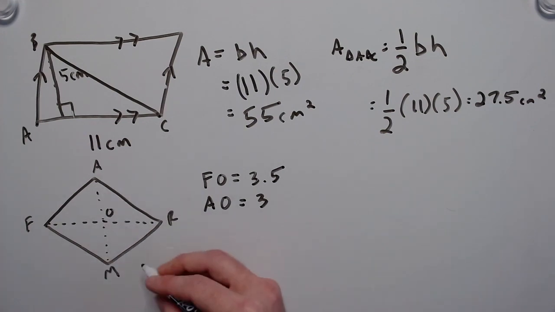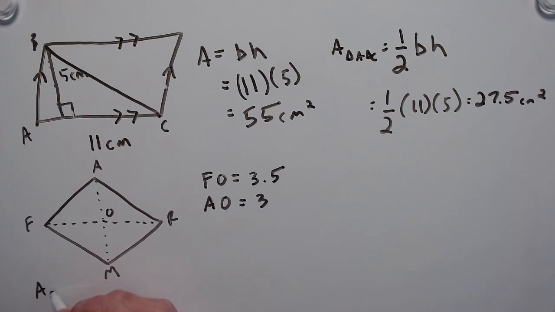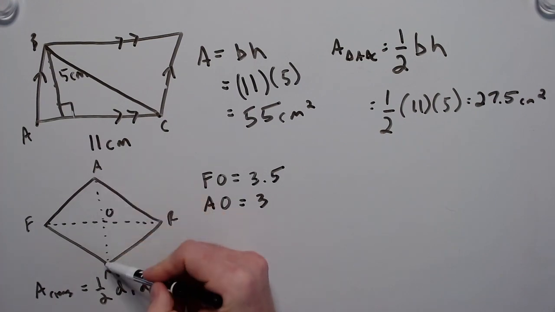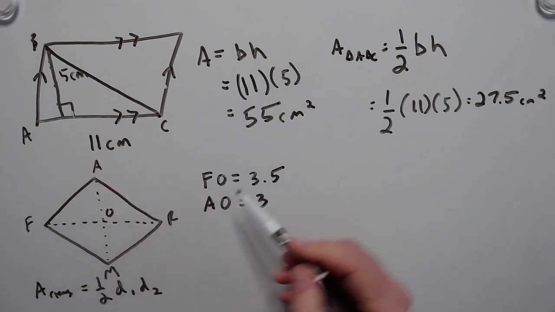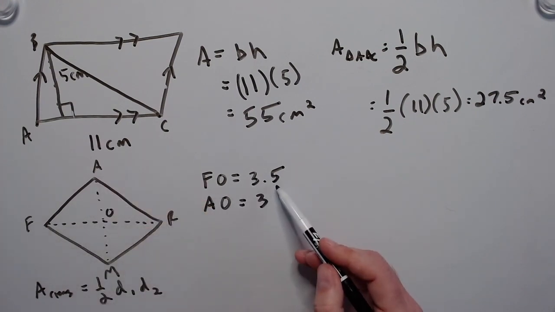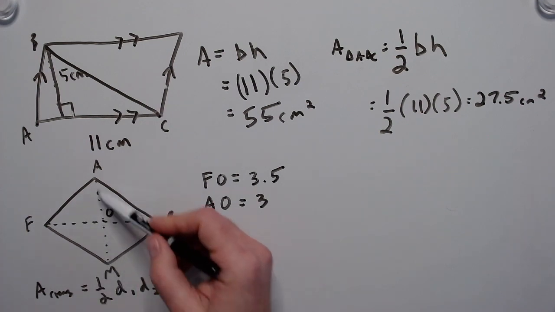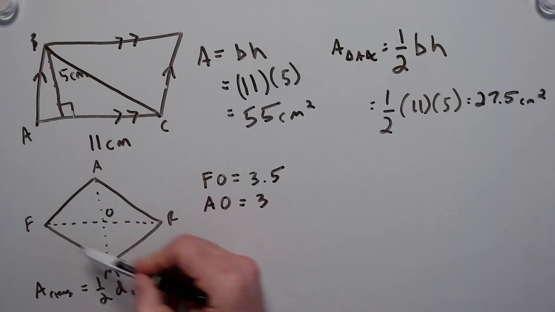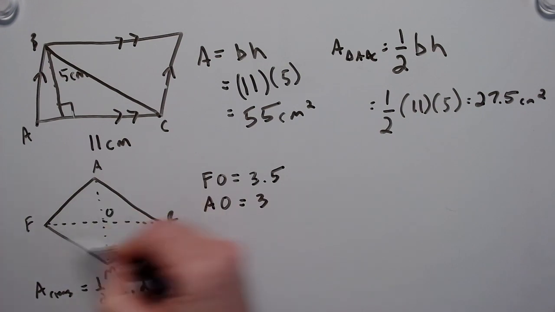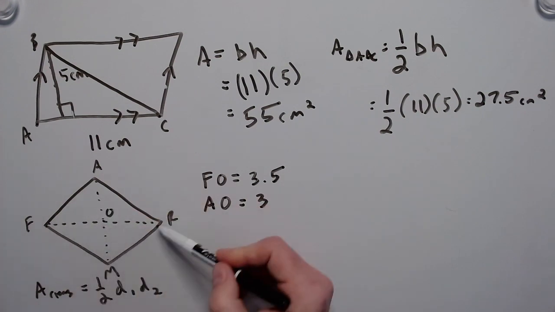Well, remember, the area of the rhombus is equal to 1/2 of diagonal 1 times diagonal 2. So we need to find this length times this length. FO is 3.5. We learned in previous sections that the diagonals of a rhombus bisect each other, so FO and OR are equal.